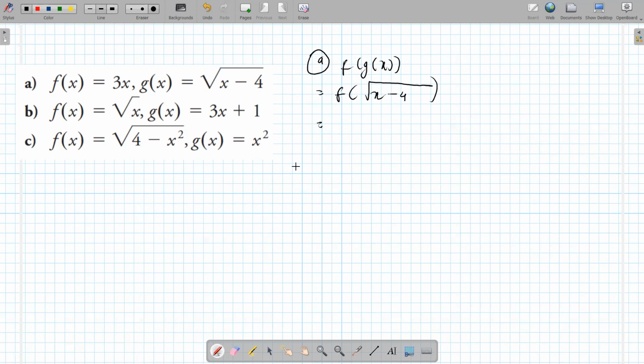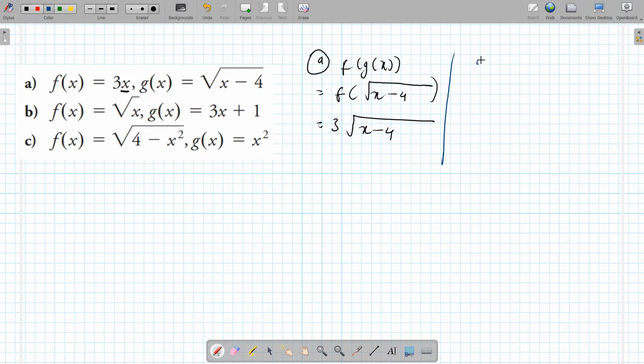What's f of square root of x minus 4, if f of x is 3x? You just want to replace this x with that. So you get 3 times the square root of x minus 4, okay?